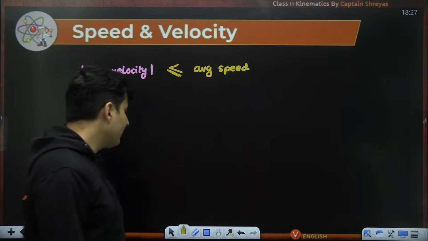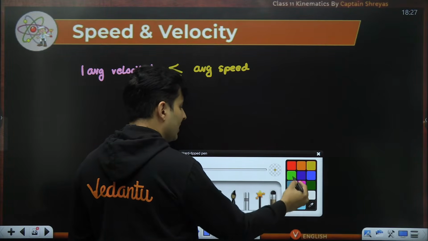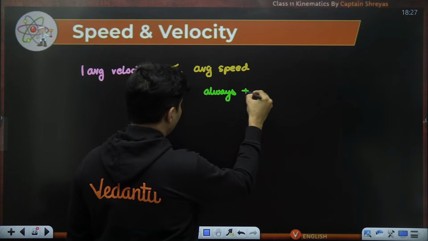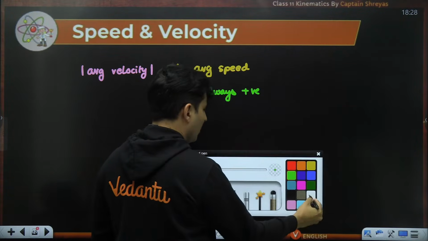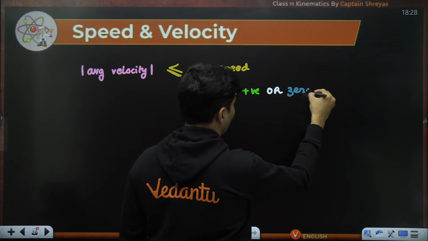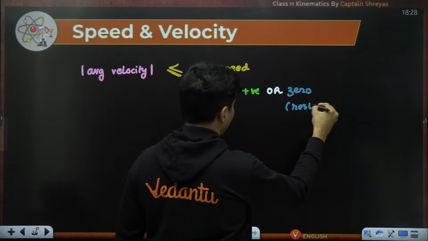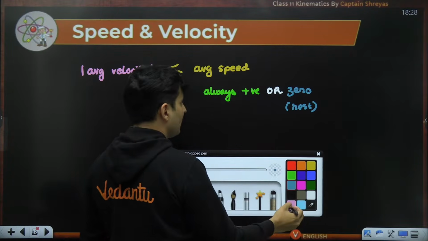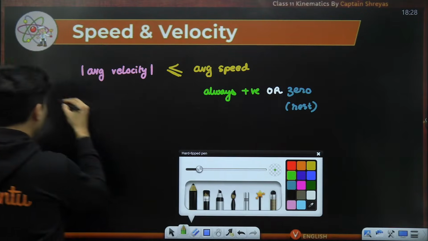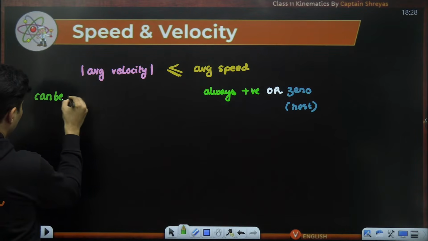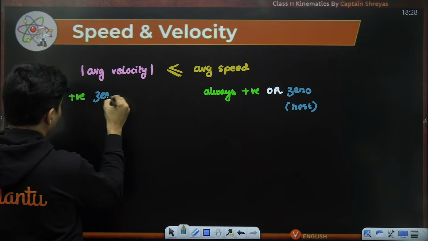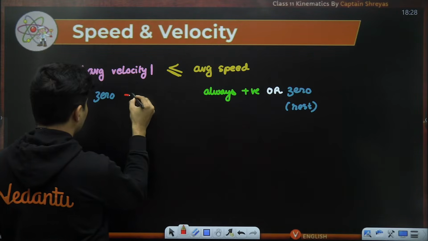Correct. Average speed is always positive, or it can be zero also. It can be zero if the particle is at rest, whereas average velocity can be positive, can even be 0, and also can be negative.